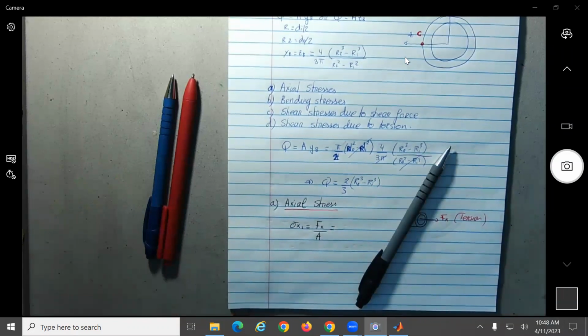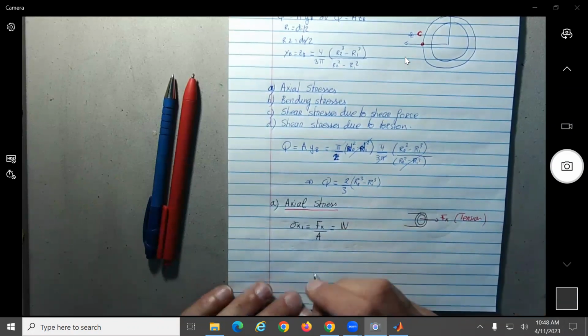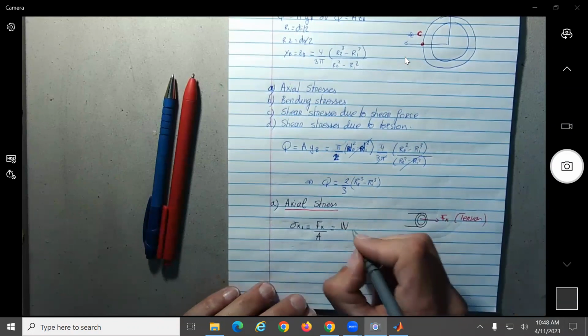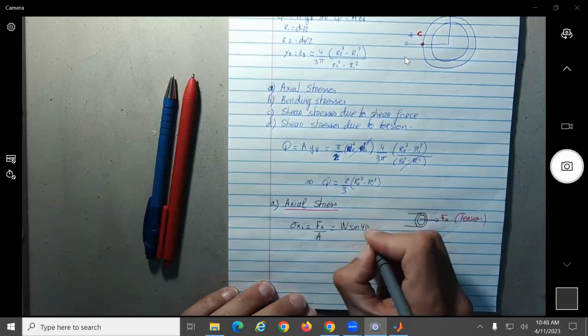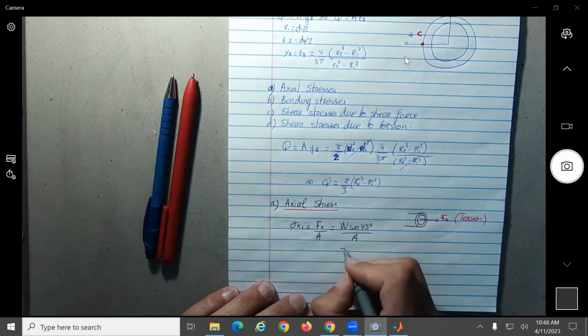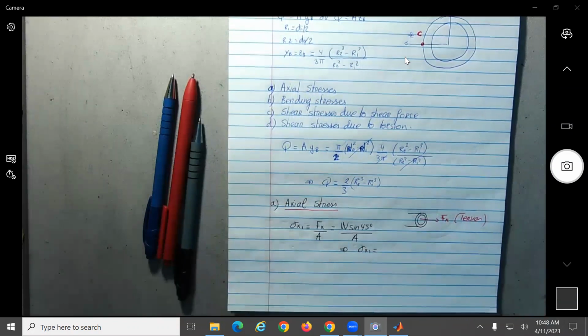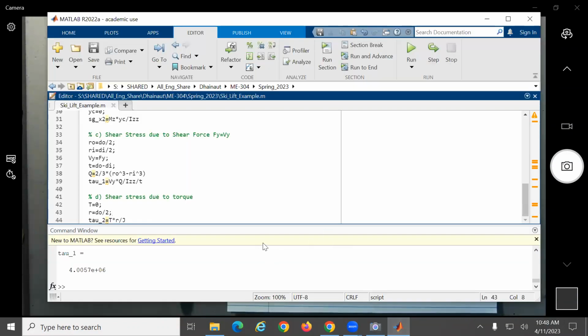And if you do so, Fx was what? W, so you have Fx equal to W sine 45 divided by A. This will give you the axial stress, and I have it here.